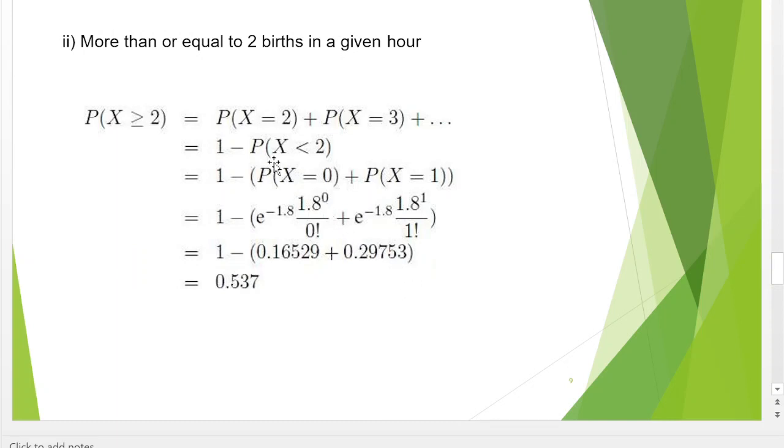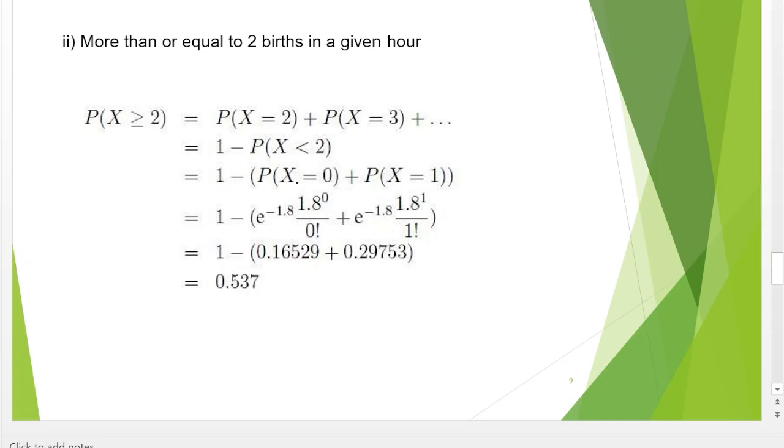Then more than or equal to 2 births in a given hour. Symbolically we write it as the probability of x greater than or equal to 2. That is probability of x equal to 2 plus probability of x equal to 3 and so on. We can write it as 1 minus probability of x less than 2.